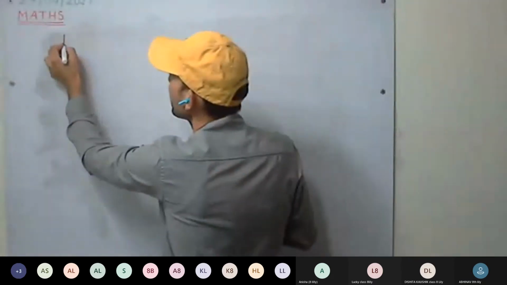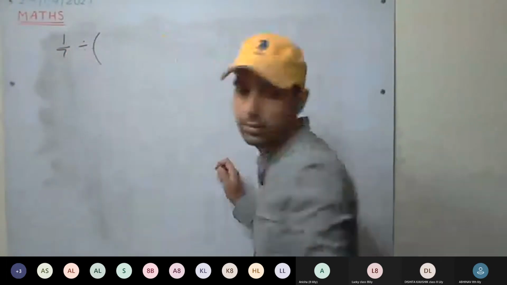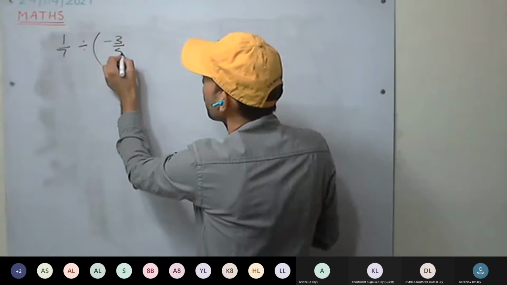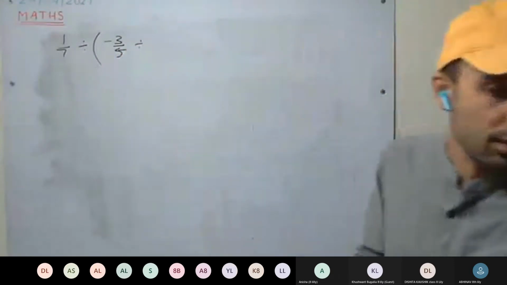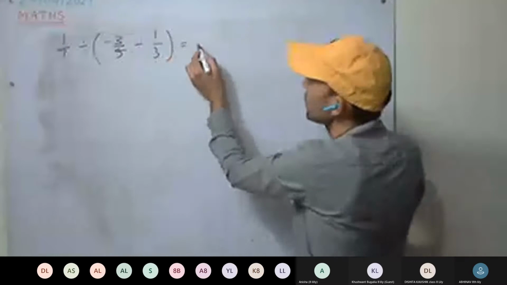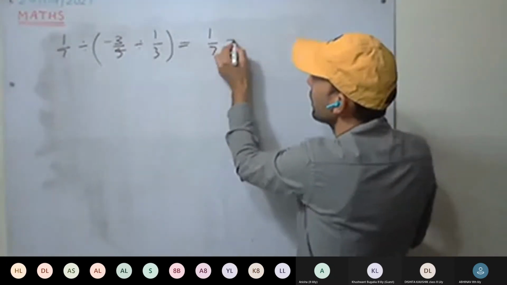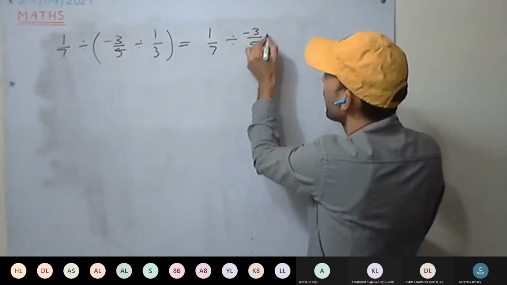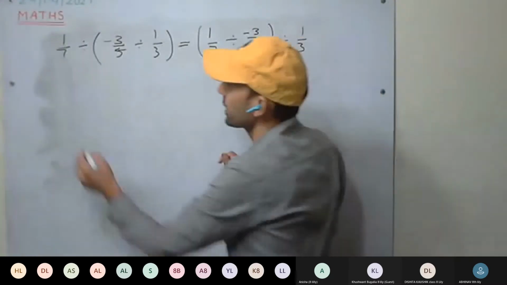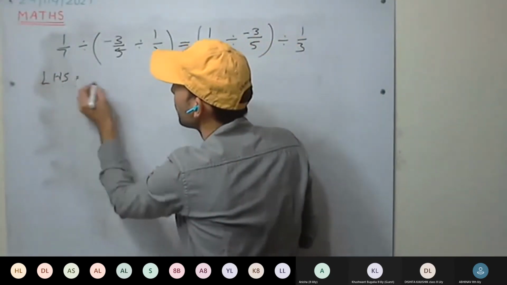1 by 7 divided by minus 3 upon 5, the whole divided by 1 upon 3, equal to 1 upon 7 divided by, minus 3 upon 5 divided by 1 upon 3. So take the left hand side.